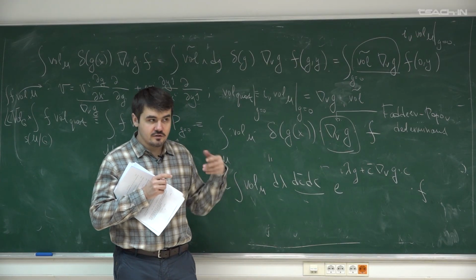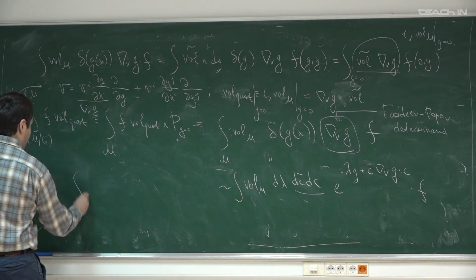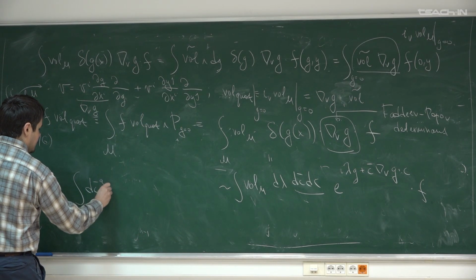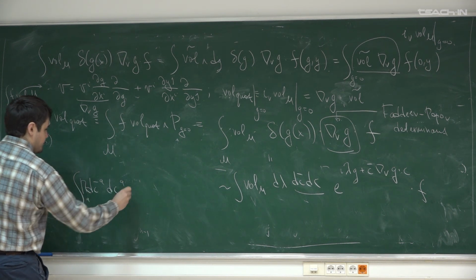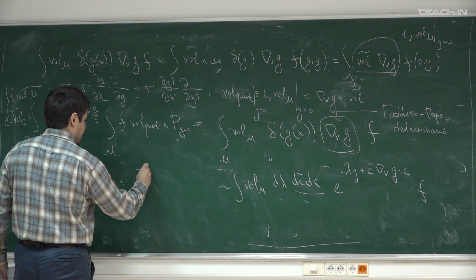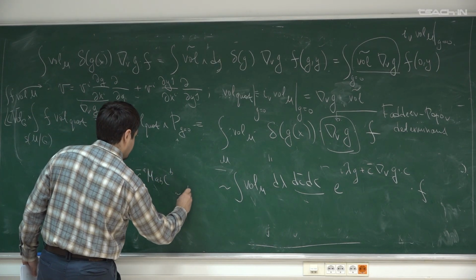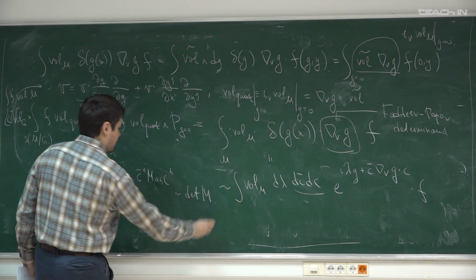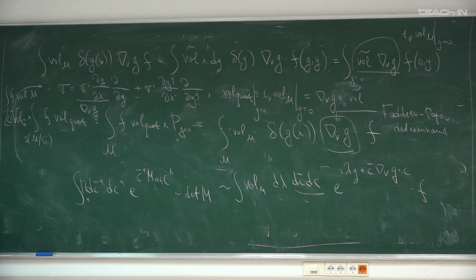If you have a determinant, that's even more useful because you'll have something like the product over a of dc bar a dc a, exponent to c bar a M_ab c b. So this is proportional to the determinant of M. Hope you know that formula, but if not, it's easily proven.